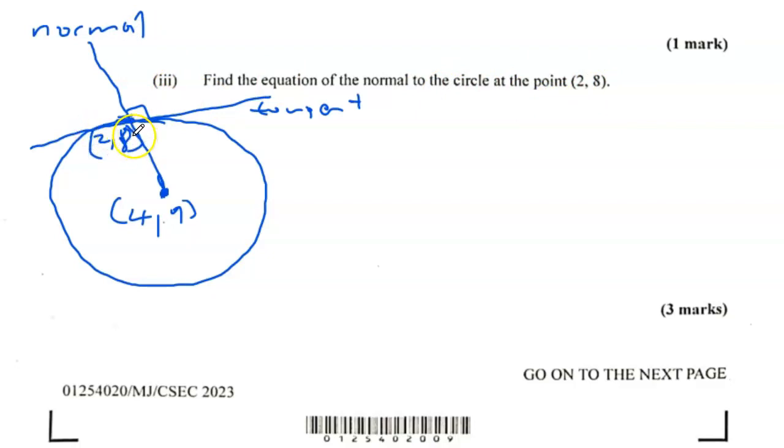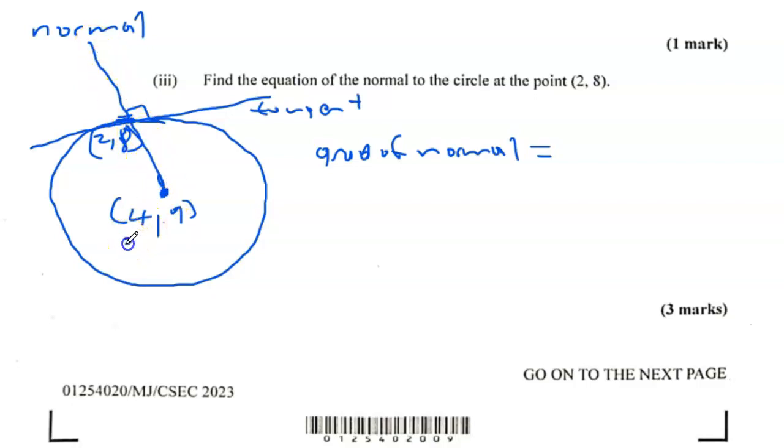So to find the equation for this line, we need the gradient. Let's find the gradient of the normal. So the normal will be the same line as the radius.